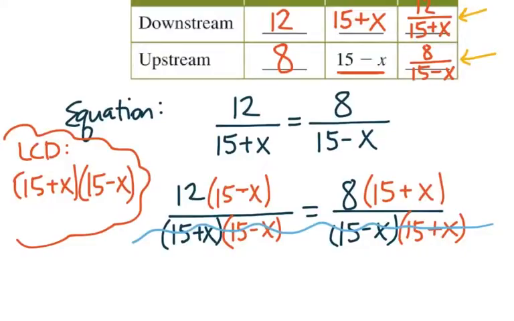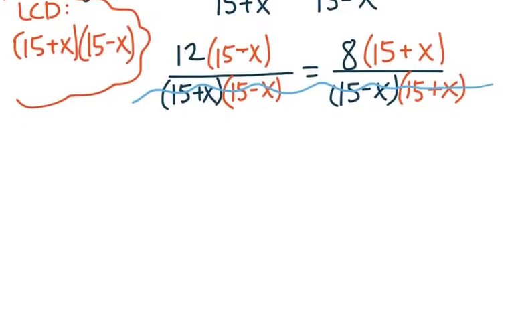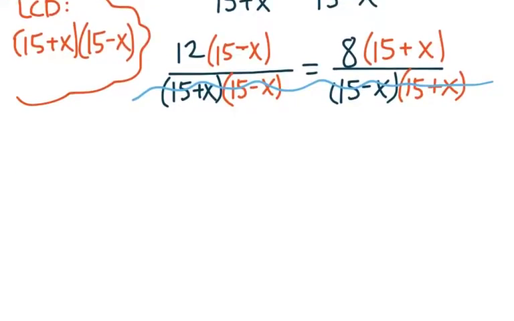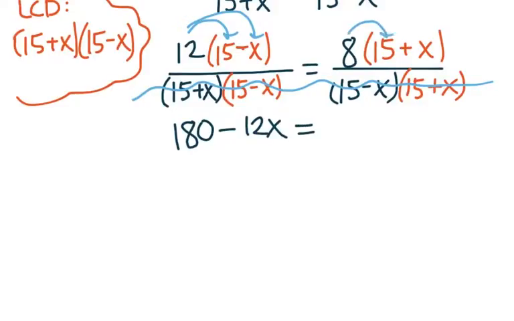So once again, let's get a little bit more room here. We will distribute. So if we do 12 times 15 and 12 times negative x on the left-hand side, we're going to have a 180 minus 12x. And if we distribute on the other side, we'll have 8 times 15 and 8 times x.